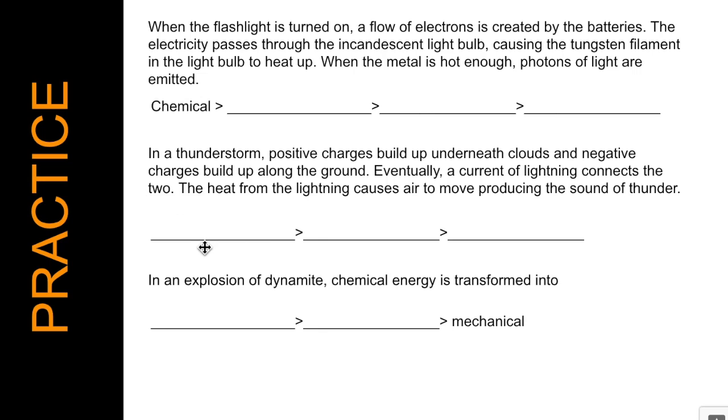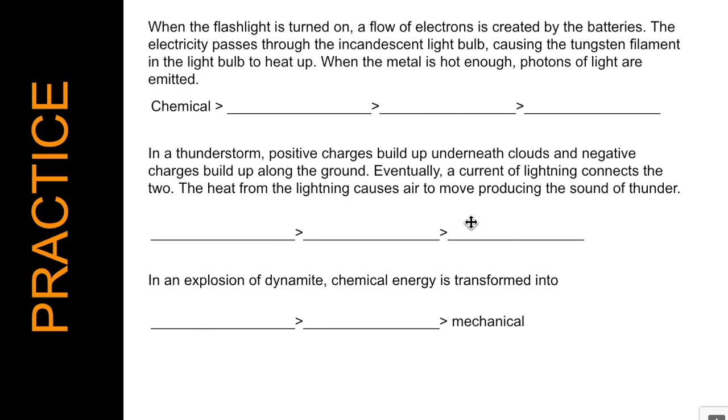So we start with lightning connecting the two charges. The electrons are going to be moving, so it's going to be electrical energy. Then it's going to heat the air, so it's going to be converted to thermal energy. And then it's going to cause the air to move, producing sound or thunder.